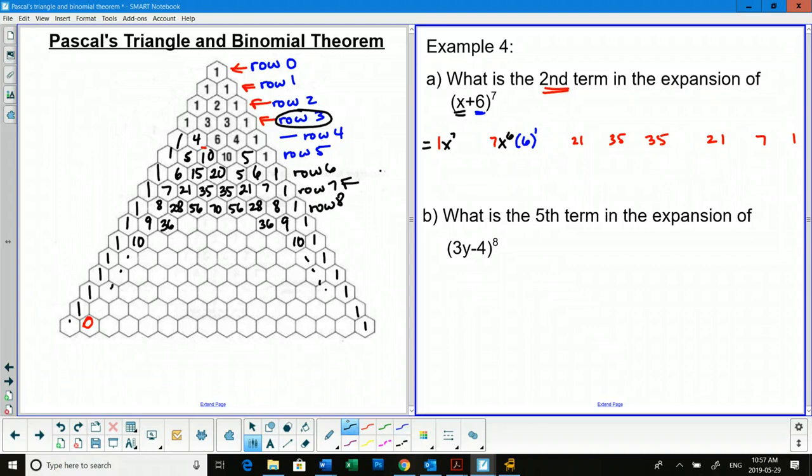Because it's the last one before... Yes, and also what do we know about these two values? They have to add to 7, right? So as soon as I know one of them, I know the other one. Okay, so we're just going to focus in on simplifying this term here. It's going to be 7 times 6 to give me 42x to the exponent 6. That is the second term of our expansion. That's all we're asked about, right?